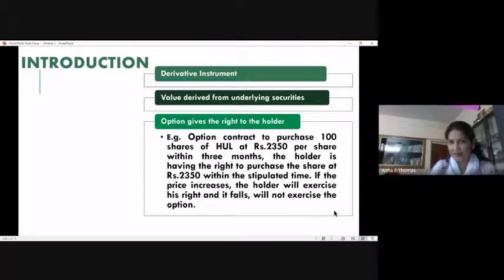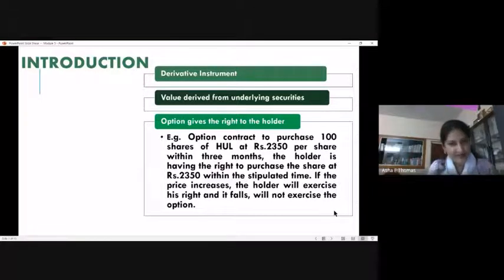Now, the person who has given me the right for some benefit, that is called premium, which we are going to discuss at a later stage, is expecting that the price is not going to increase. He is expecting that the price is going to decrease.